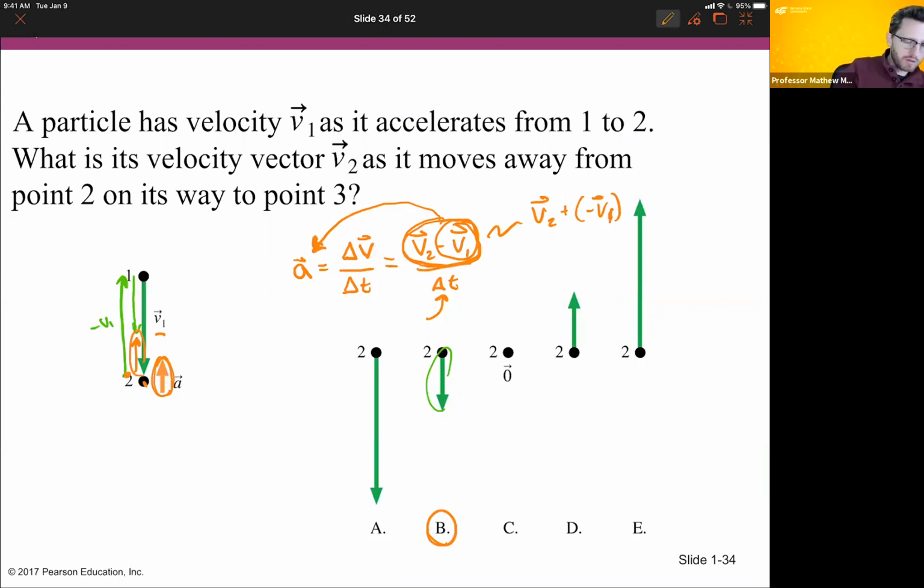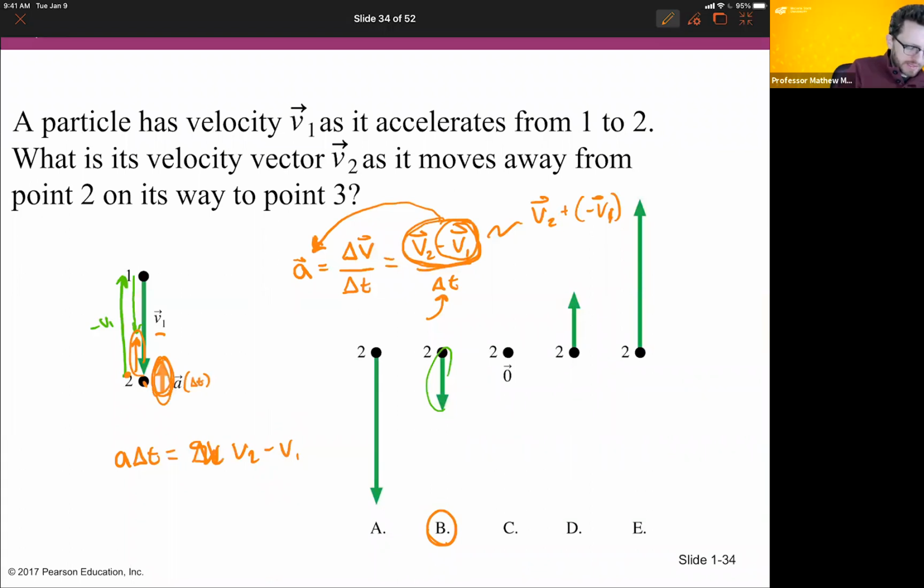I could also do it in a different way. Notice that the acceleration times delta t, if I just divide that delta t over, is equal to V2 minus V1. When I draw this on these motion diagrams, we don't write it, but there's really this delta t hiding here because I have these even time intervals.